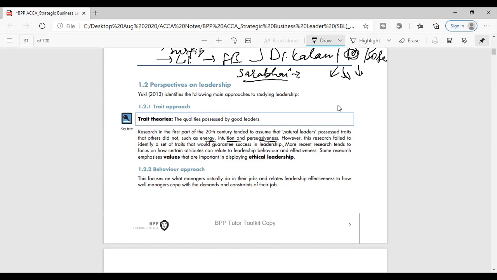Now, many leadership theories are saying that there is nothing like innate or natural leaders. There's nothing like a natural leader which can make somebody a leader or not. This is a quality which can be developed. So the new theory says leaders are developed. Why?